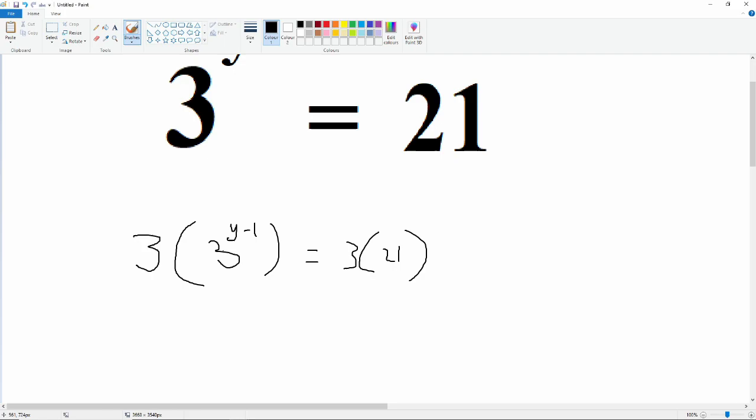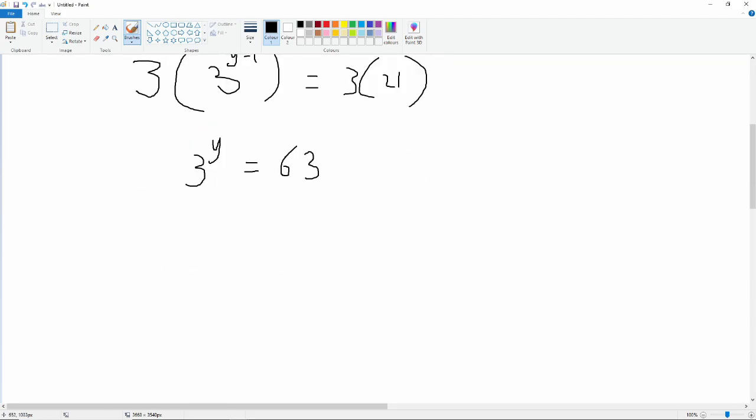And now, if we multiply by 3, 3 to the power y minus 1, well, that's y minus 1 plus 1. The minus 1 and 1 cancel out, so we've just got 3 to the power y, because we're just adding 1 to the index. And that's equal to 3 times 21. Well, 3 times 2 is 6, and 3 times 1 is 3. So 3 to the power y is equal to 63.